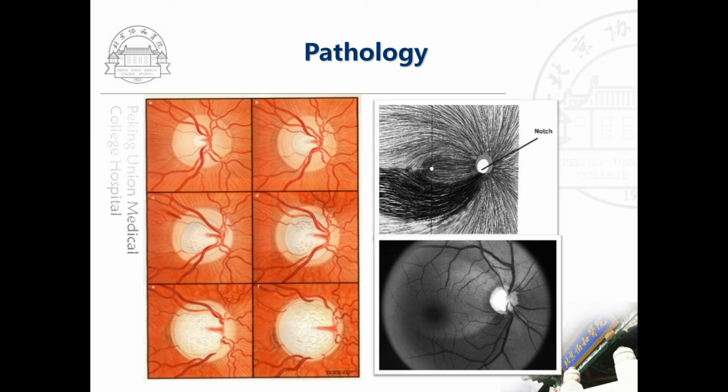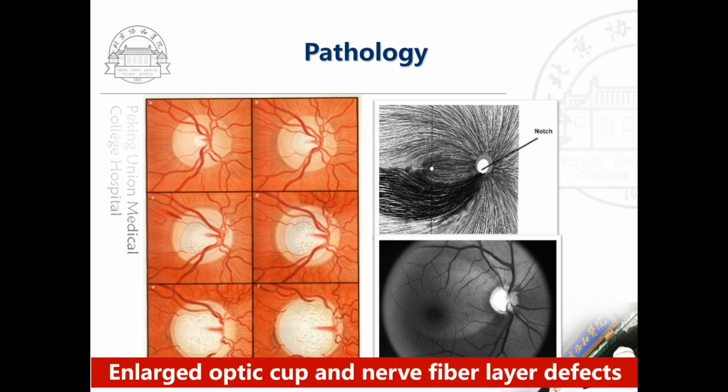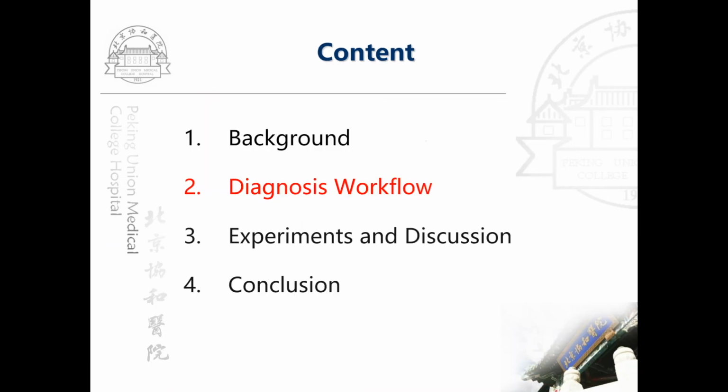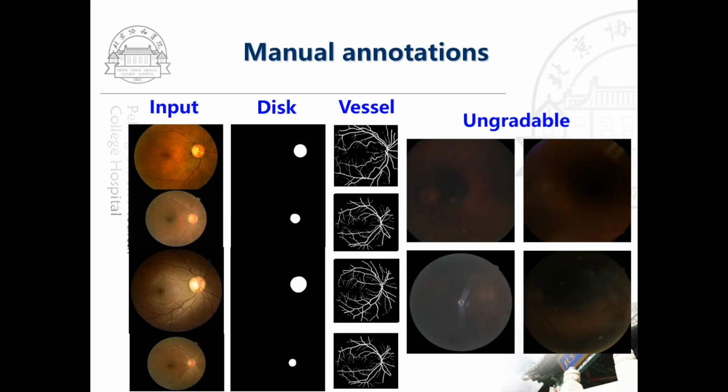To facilitate clinicians with rapid and accurate computer-aided diagnosis, the AIROGS challenge was held to exploit solutions based on color fundus photographs. In this challenge, we developed a diagnosis workflow to automatically diagnose glaucoma and distinguish fundus images with low quality.